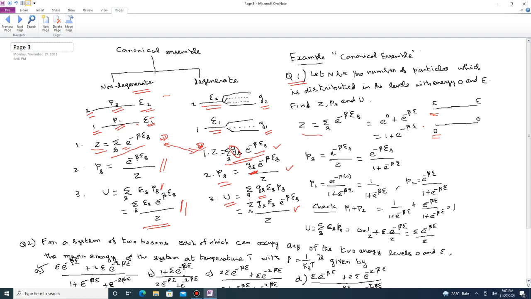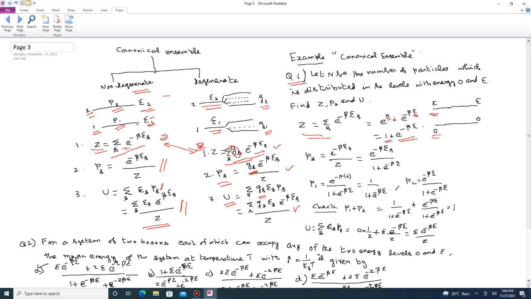Z is equal to the summation over s of e^(-βE_s). For s equal to 1, the first state has energy 0, so you substitute that here. And for the second state, s is equal to 2, with energy E, so you substitute E here. So e^0 plus e^(-βE). The e^0 is 1, so Z is 1 plus e^(-βE). Therefore, this is the expression for Z.